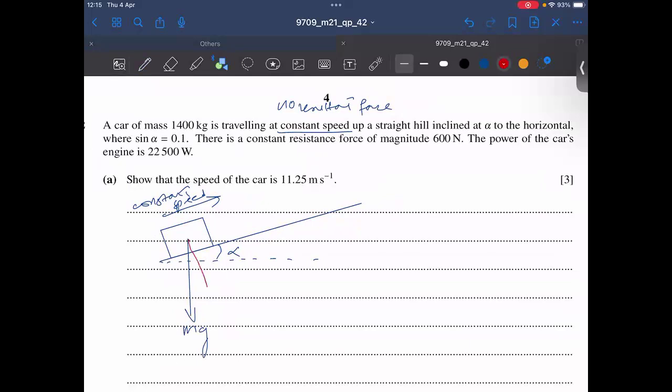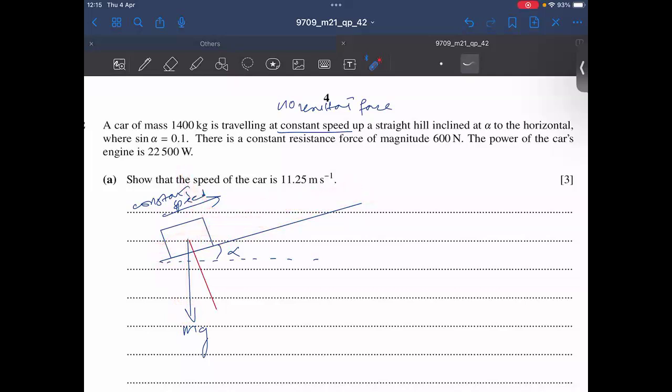And let me resolve mg into two components. Because this is an inclined plane, an inclined surface, we're going to be resolving this force of gravity into components that are parallel to the plane and perpendicular to the plane.